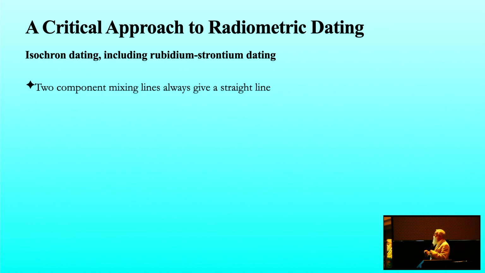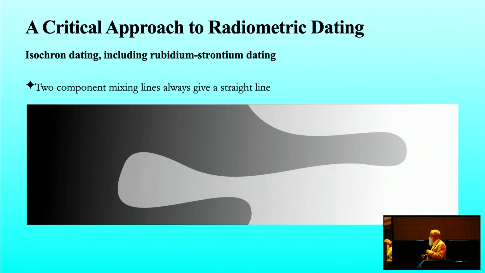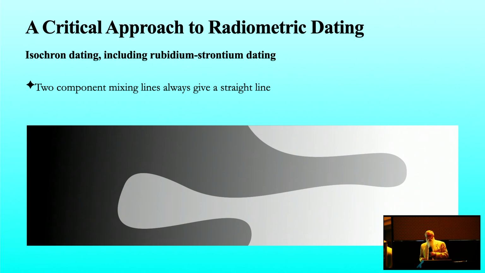Now, the problem is there is another process that can give you a straight line. It's called a mixing line. Maybe I should explain that. Let's suppose that you have two magmas, and they kind of intertwine with each other, right? And one of the magmas mixes in a little bit, so some of it has more of the other one.